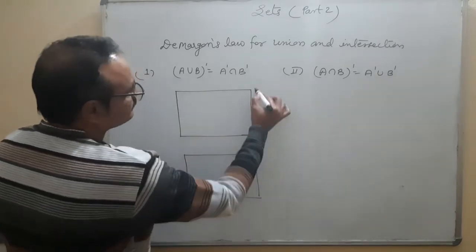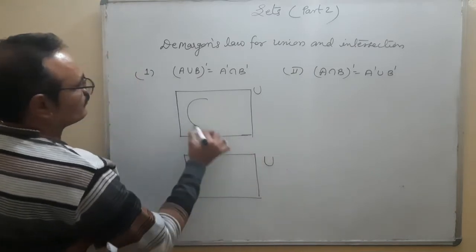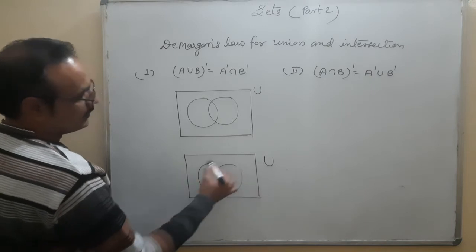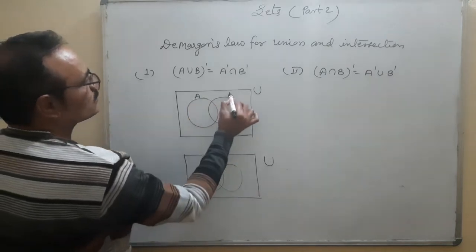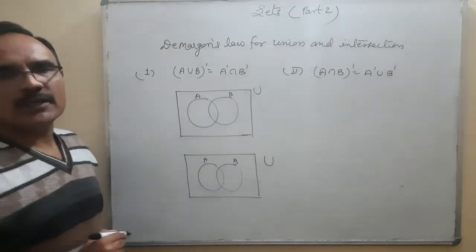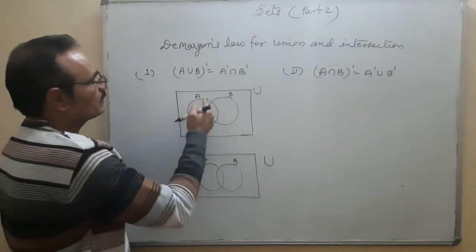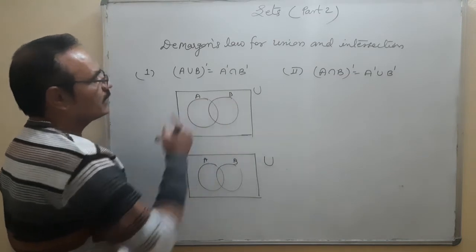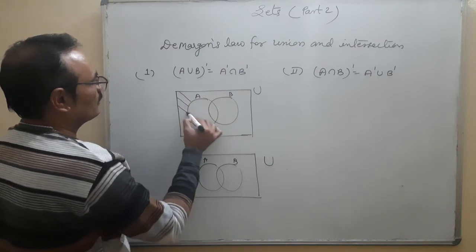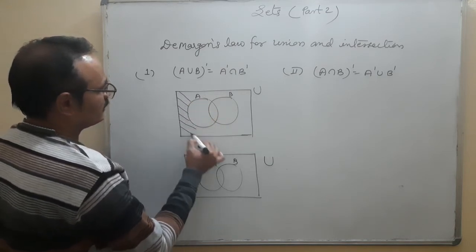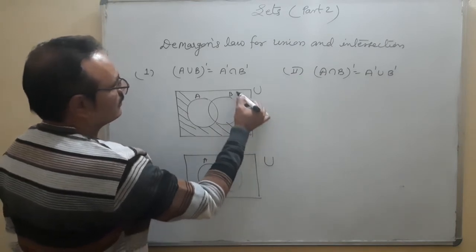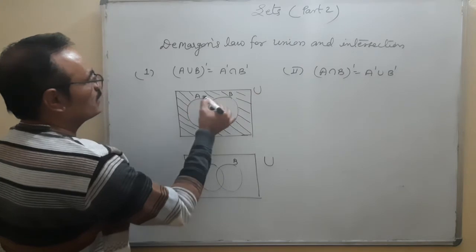Two diagrams. U is the universal set, A and B are two subsets. Let us see this. A union B complement. This portion is A union B. Its complement means the outer portion. Any doubt in it? I hope you have understood.